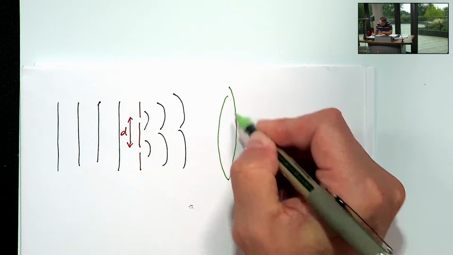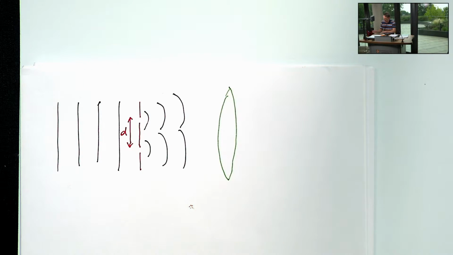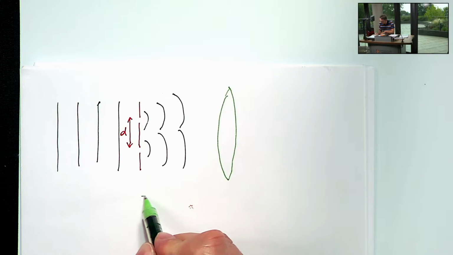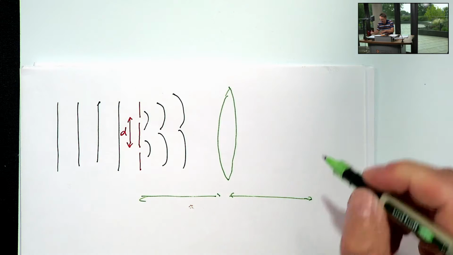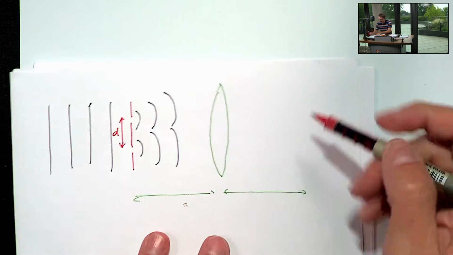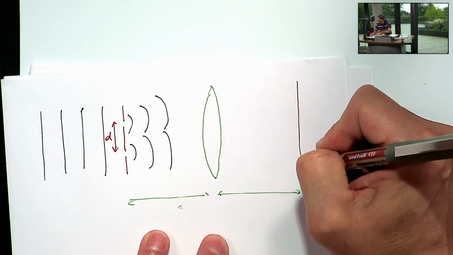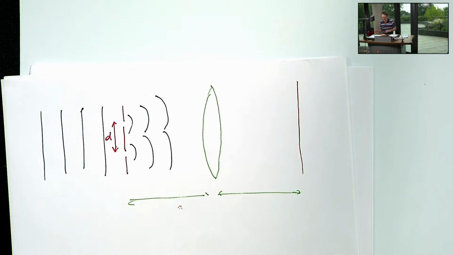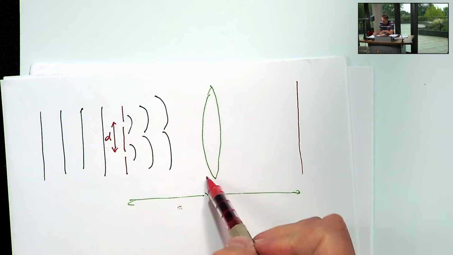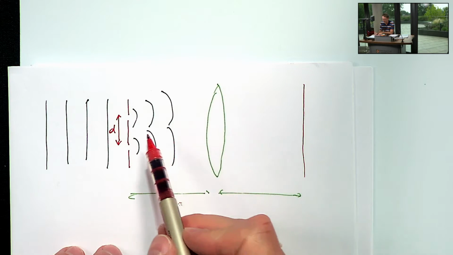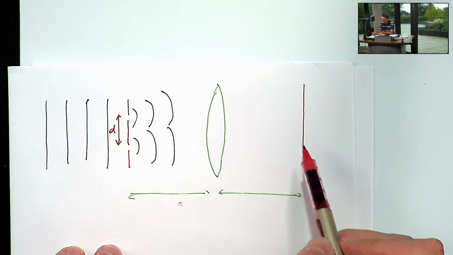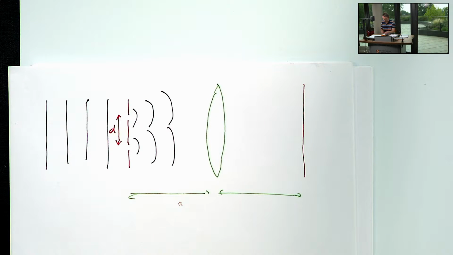And then I have my objective, as usual. Here's my objective, and in the back focal plane of the objective we have the Fourier plane. So let me draw that here. What we get is that, because this adheres to Fraunhofer conditions, parallel rays are bundled to the same point, and the phases are preserved.